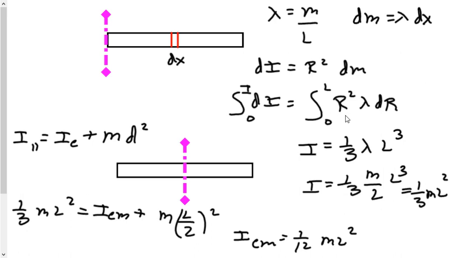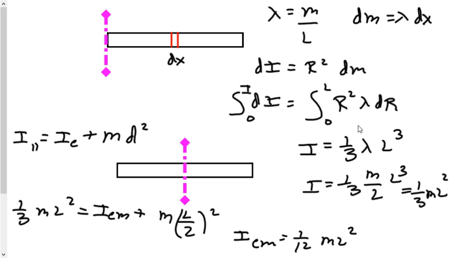Well, we have 1/3 r cubed as the integral here, but we're going to put in our definite integral from 0 to L. So we get 1/3 lambda L cubed. And now substituting m over L for lambda, we get 1/3 (m/L) L cubed, or 1/3 mL squared. So that would be the moment of inertia for a bar rotating at one end.